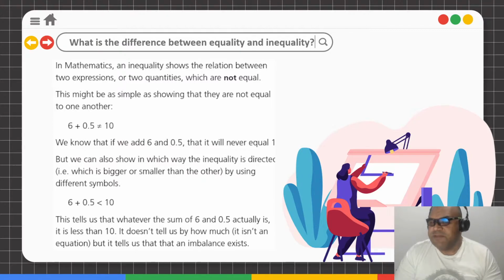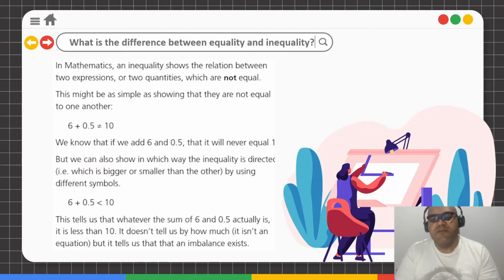If you add 6 and a half, it will never be equal to 10, never. But we can also show in which way the inequality is directed, like which is bigger or smaller than the other, by using different symbols.